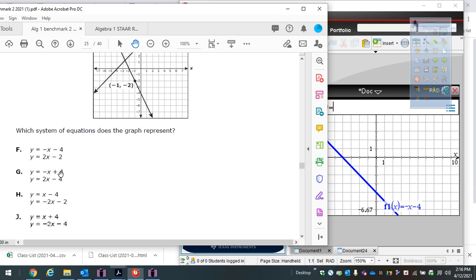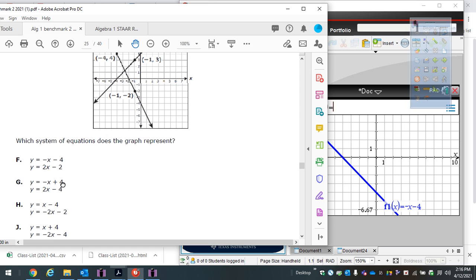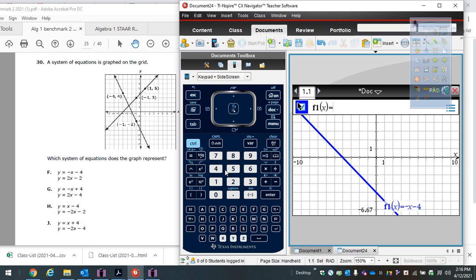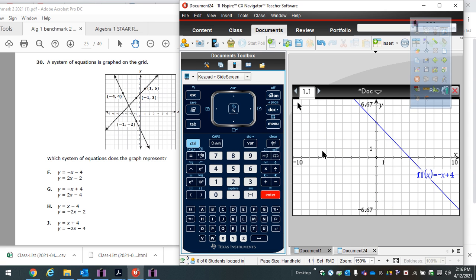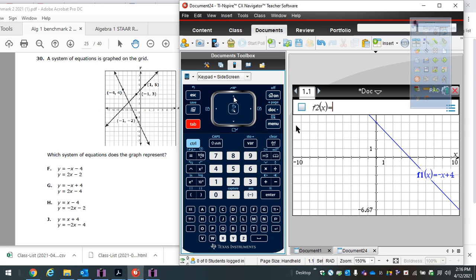Let's take this one. Negative x plus 4. Oh, I don't even see a line like that. So that G is out. Let me check this one. X minus 4.